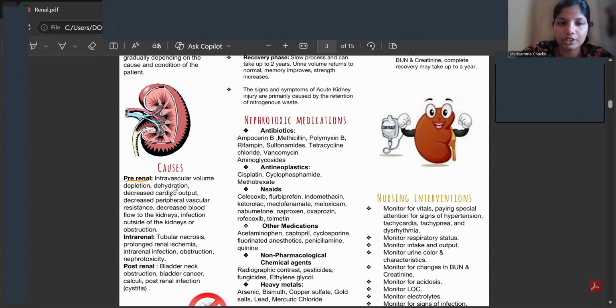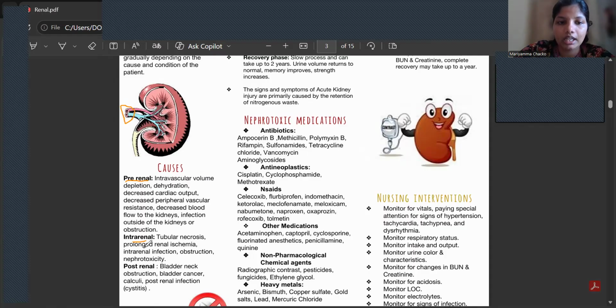Respiratory depression or dehydration decreases the cardiac output, decreases the perfusion, or decreases the blood flow to the kidneys, which is responsible for the pre-renal cause. The next one is the intrarenal.